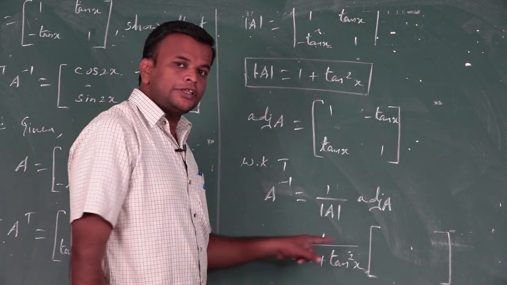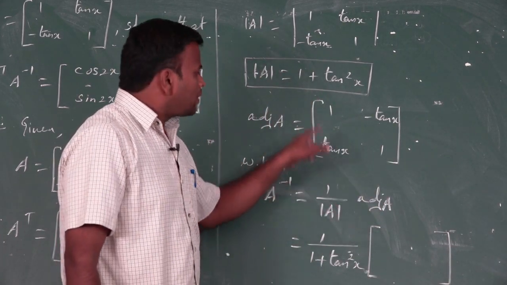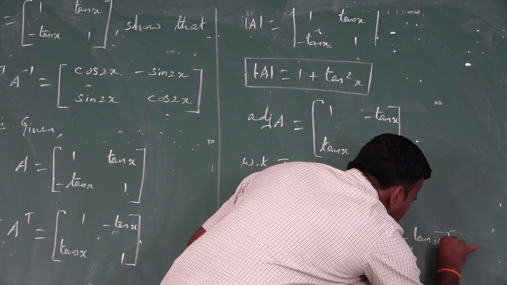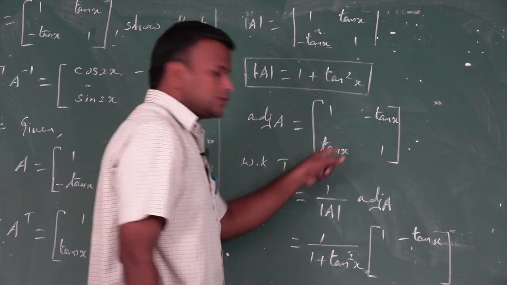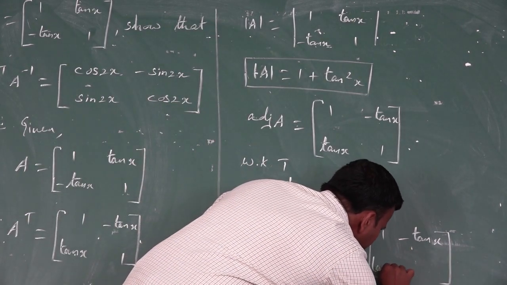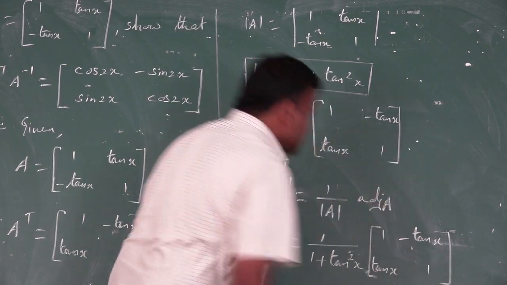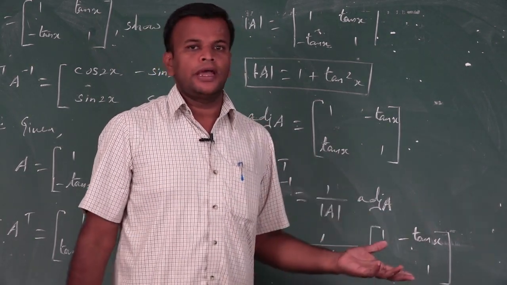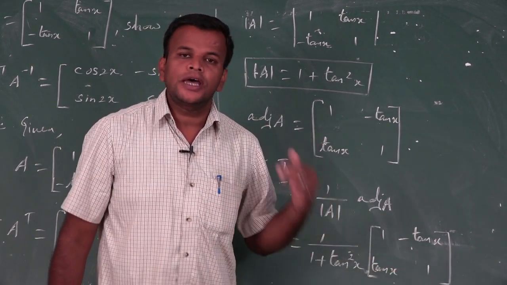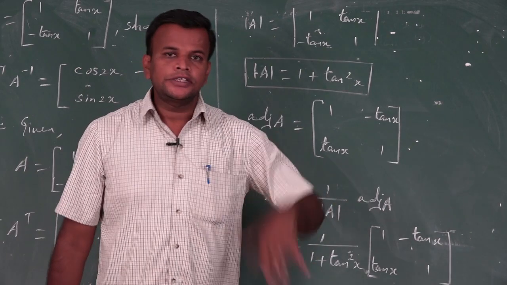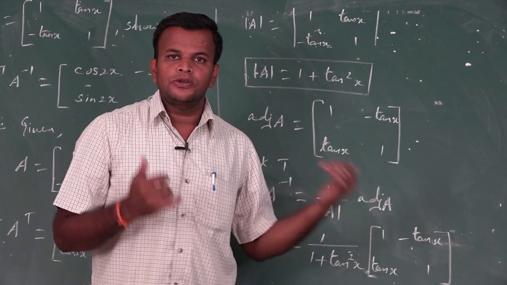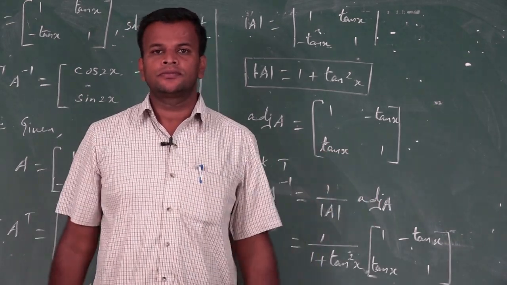Next, adjoint A. The value of adjoint A is 1, minus tan x and 1. So now, to find the LHS, both the values, A transpose and A inverse, are available. The next step is to find the product of A transpose and A inverse.